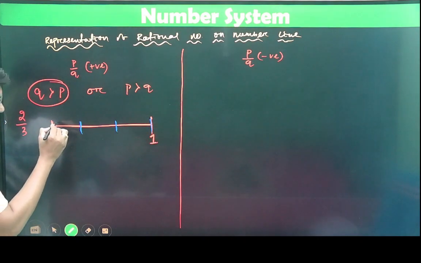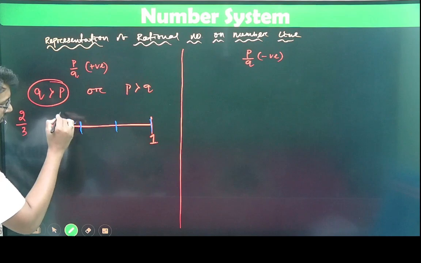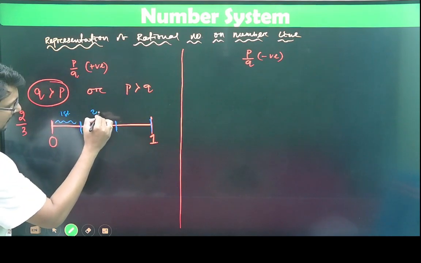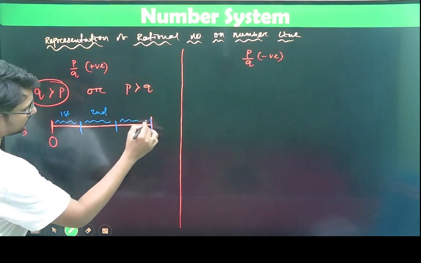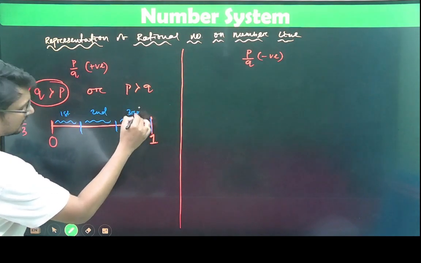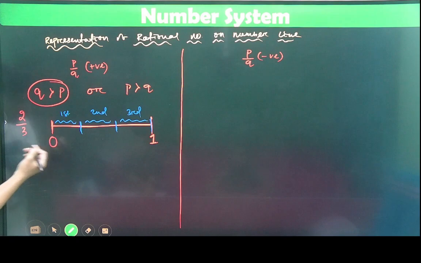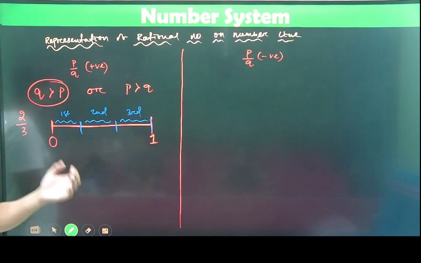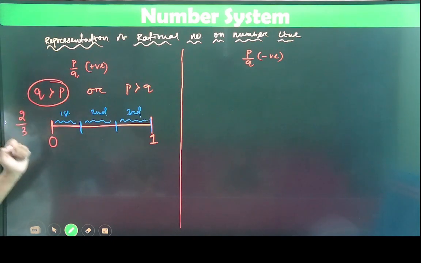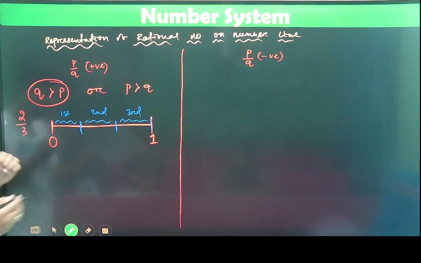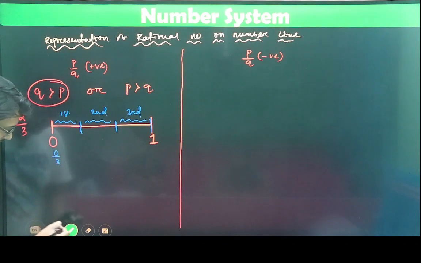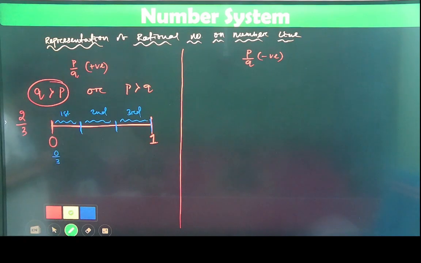Is it divided into 3 parts? So 0 means 0 out of 3 parts. This point's value is 0 out of 3 parts, which can be written as 0 by 3.